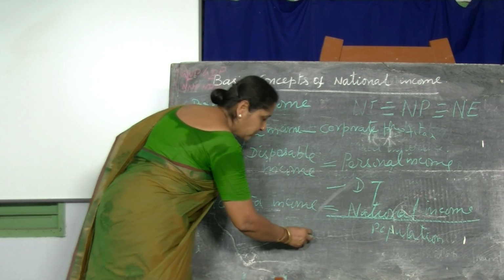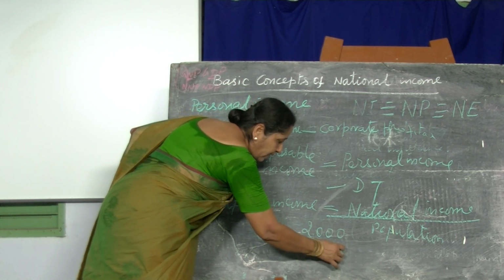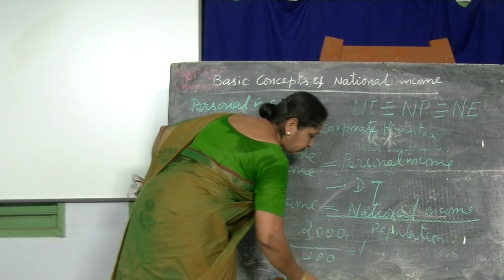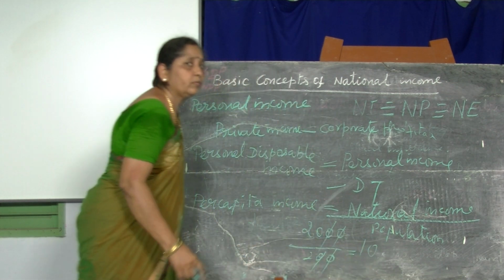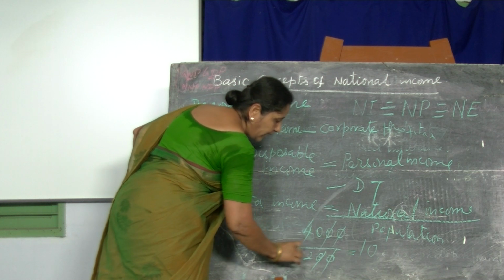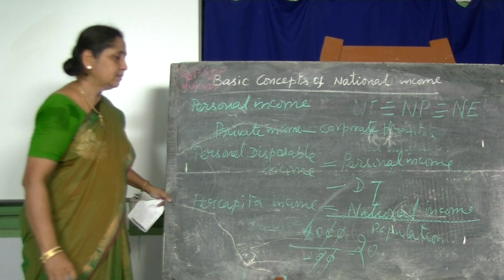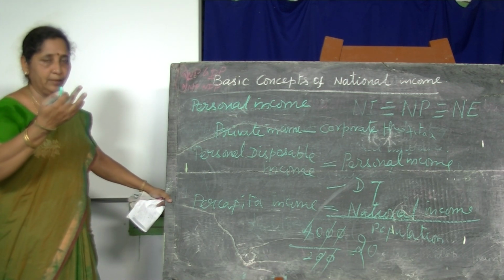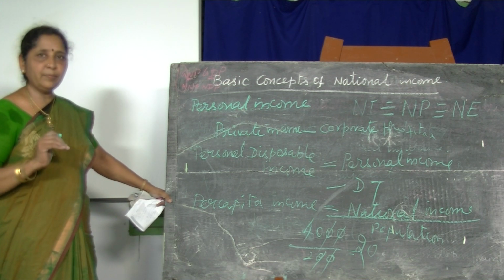So national income divided by population. If national income is 2000 and it is divided among 200, then the answer is 10, isn't it? If national income is higher and it is divided among only 200 members, then per capita income will be greater. If national income is higher and population is stable, then per capita income will be higher.